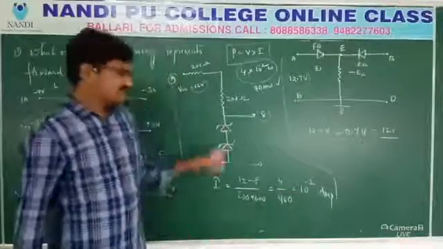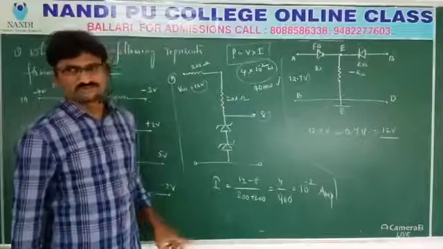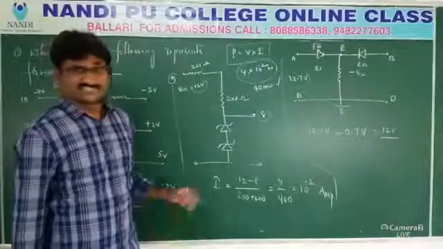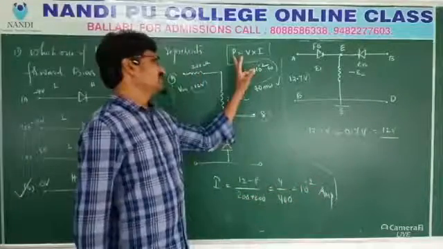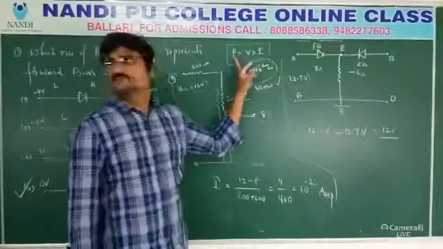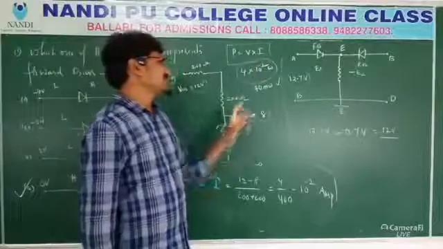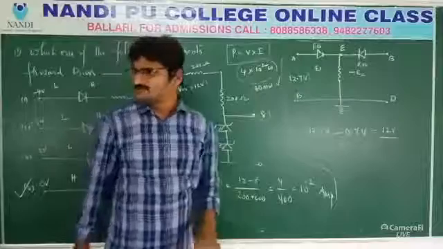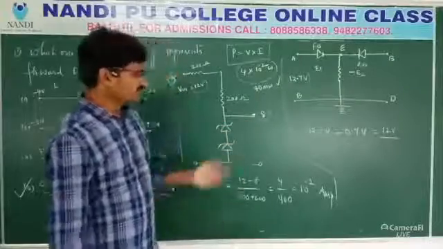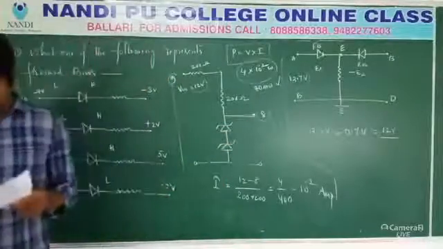The same current flows through the diodes since they are connected in series, so 10 power minus 2 amperes. Then power dissipation P is equal to V into I. V is 12 minus 8, which is 4, so 4 into 10 power minus 2. The answer is 40 into 10 power minus 3, that is 40 milliwatts.